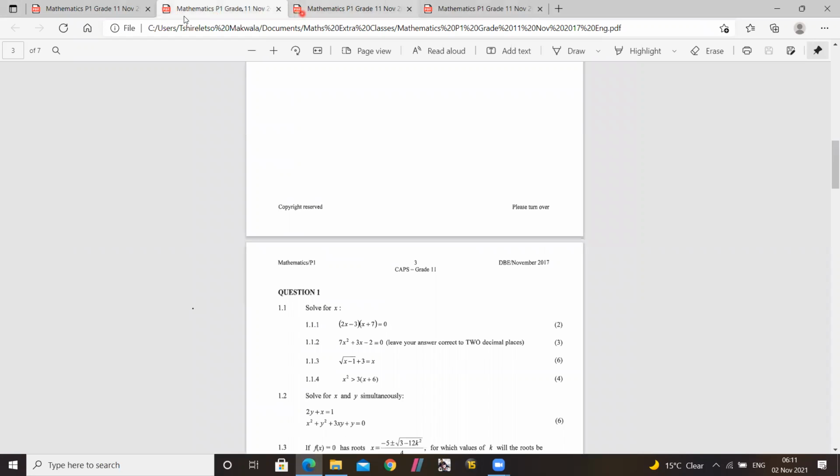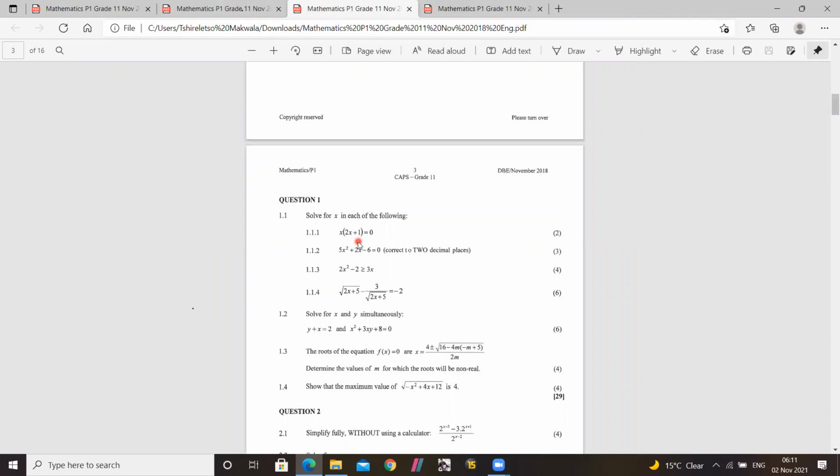It's 6 marks. So simultaneous, what's the best way to approach a simultaneous equation? Firstly, you're going to assess these two equations. By assessing them, you'll see which one is easiest to work with.